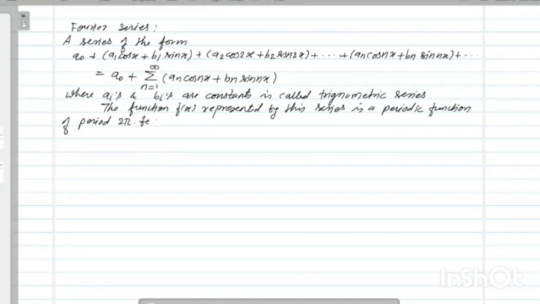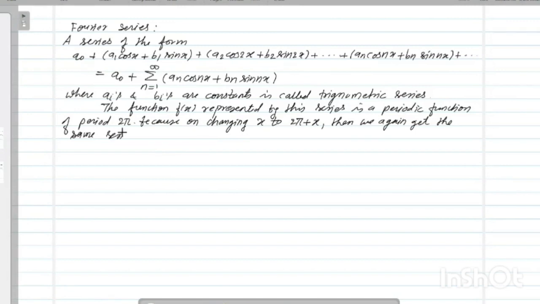Because if we change x to 2 pi plus x, then we again get the same series.